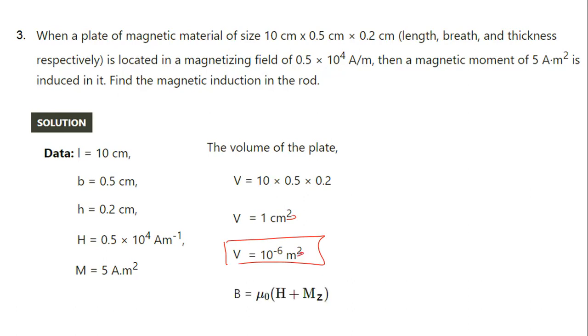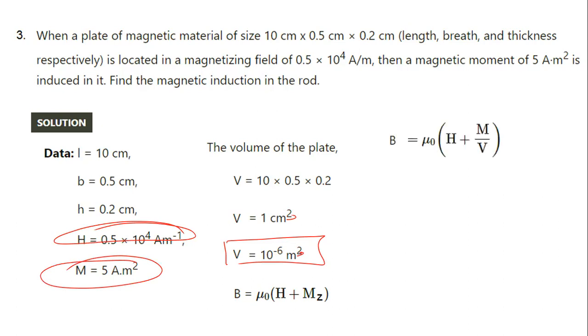Then the magnetic induction B is equal to mu 0 into H plus M. This is the formula, and in it we have to substitute H and M. Mu 0 stays as it is. The magnetization is the magnetic dipole moment per unit volume. Magnetization is not given directly, but the magnetic dipole moment and volume are.